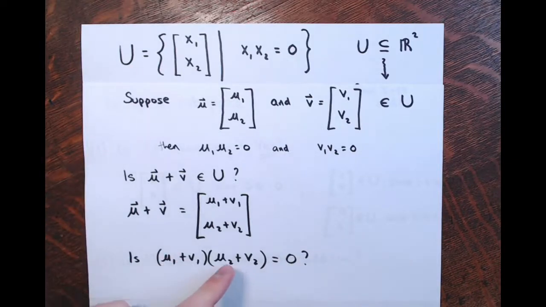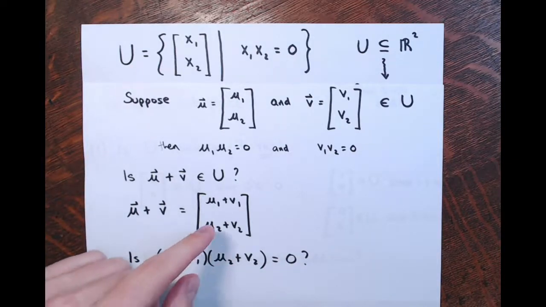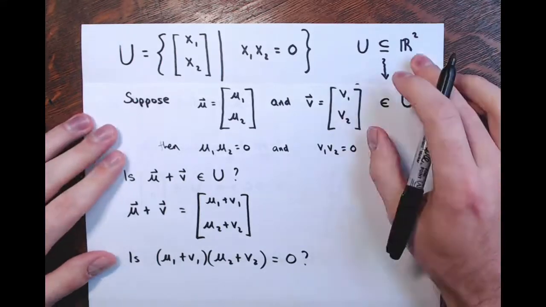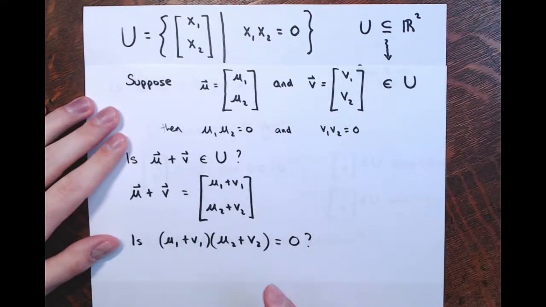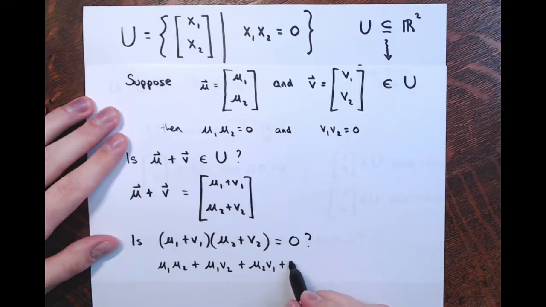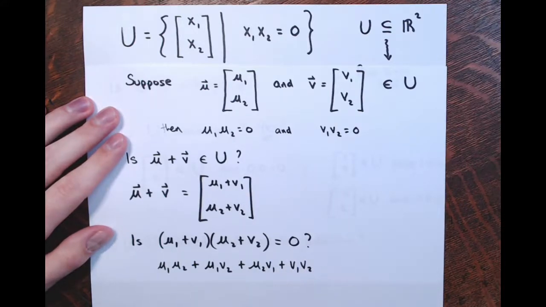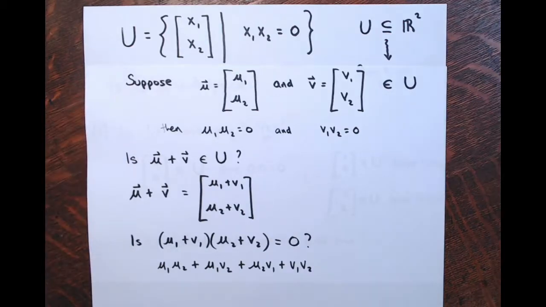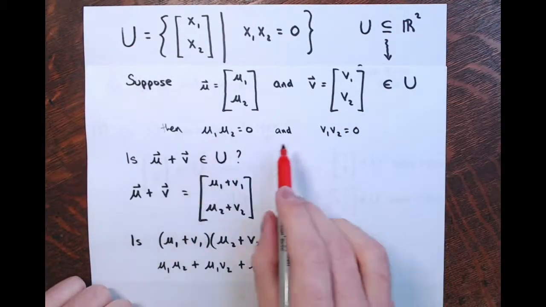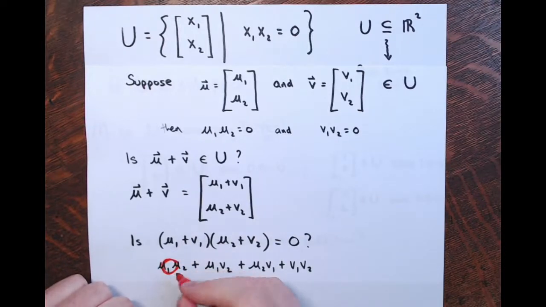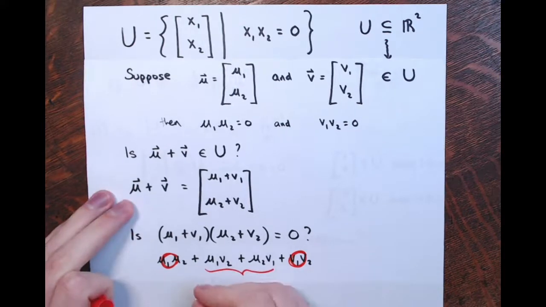Because if that's equal to 0 all the time, then yes, the sum is going to be in U. It'll be closed under addition. If I FOIL here, this is u1 times u2 plus u1 times v2 plus u2 times v1 plus v1 times v2. Well, from earlier, we know that the product of the u's is 0, the product of the v's is 0, so this is 0, and this is 0, but this stuff in here is not necessarily 0.